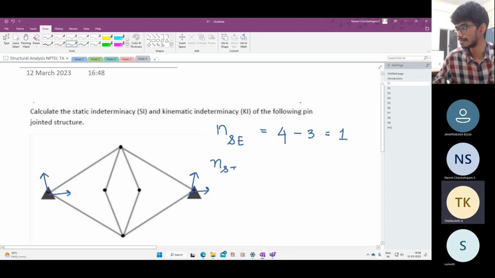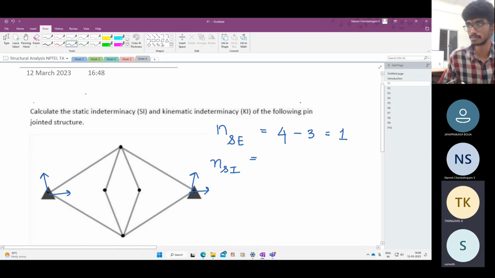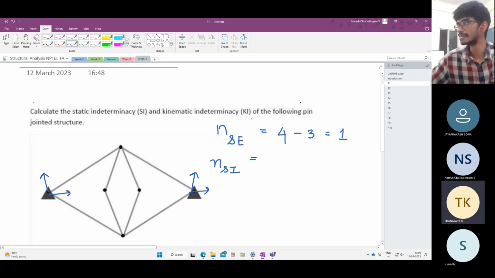Now let us find it internally. Before we go to that, let me ask, is the structure internally stable? I think if you apply a force, it is unstable. Yes, that is where the issue is.